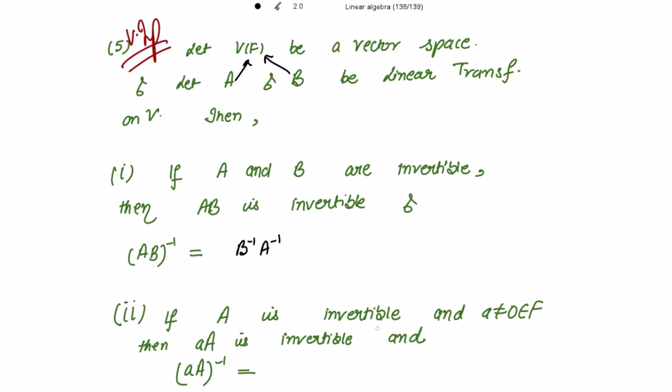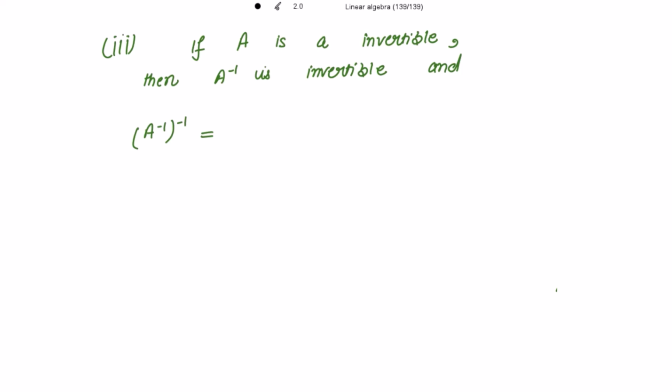If A is invertible and a is a non-zero element belonging to F, then the product aA is invertible and its inverse is equal to 1 divided by a multiplied with A inverse. Third one, if A is invertible, then A inverse is invertible and the inverse of A inverse will be equal to A.